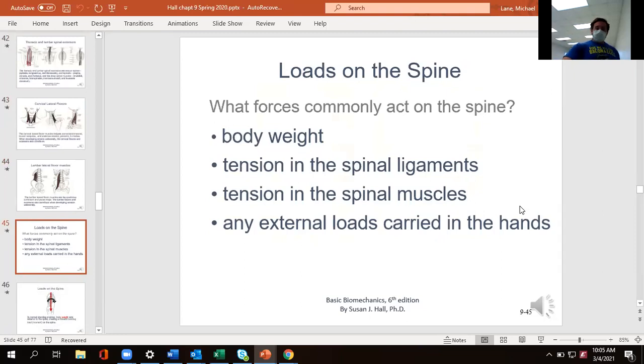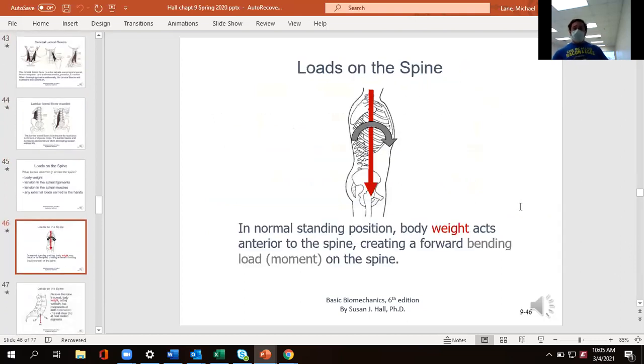So let's talk about the joys of loads on the spine. We've got our body weight, we've got our tension in the ligaments and the muscles, and then any external loads carried in your hands, carried on your back, carried on your head. Now, the other thing to keep in mind is everything that my spine is holding up.